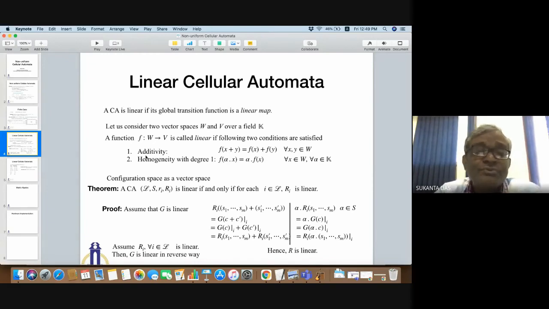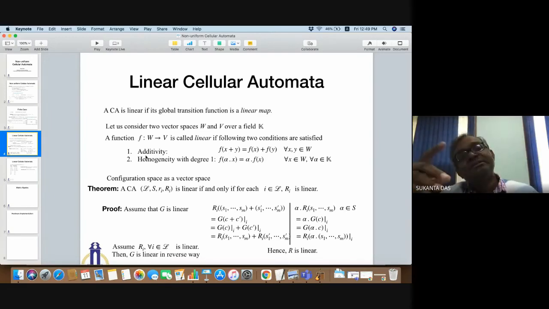One way is you first assume the CA is linear, then prove that each rule is linear. The reverse is to consider all the rules linear, then prove that the CA is linear. Here I have given the outline of the proof.